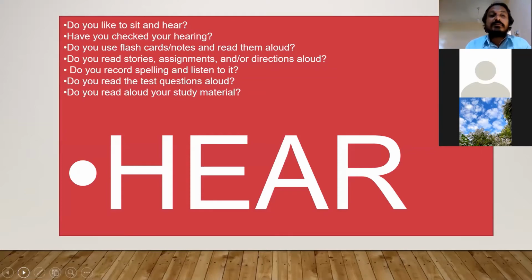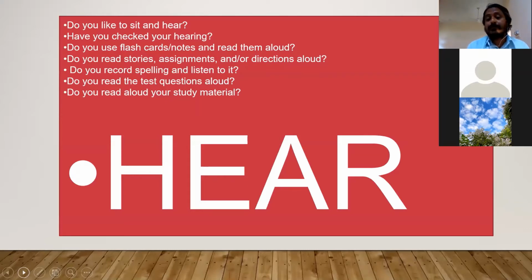You don't want to miss anything as far as the spoken words are concerned. To make your learning faster, make flashcards, cards where the words or ideas are written, and then read them aloud.